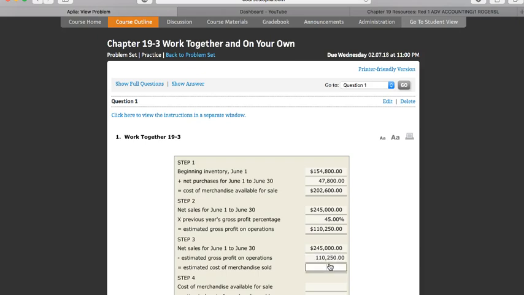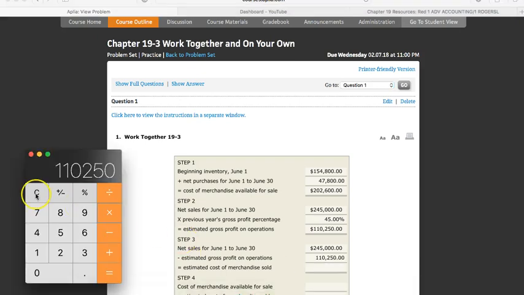And so let's subtract that out. 245 minus 110,250. And so we get 134,750.